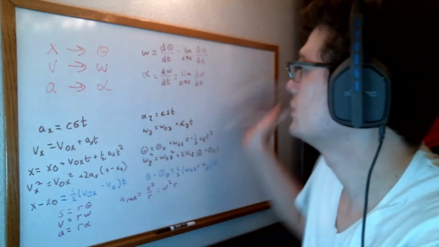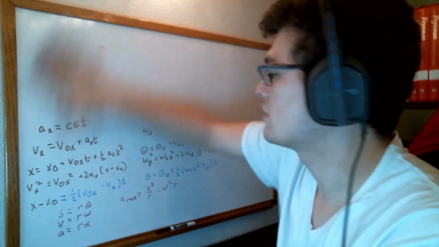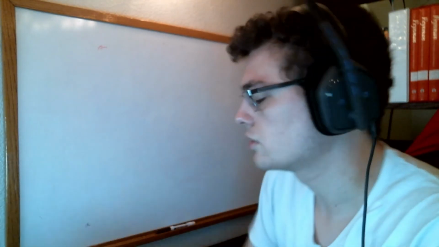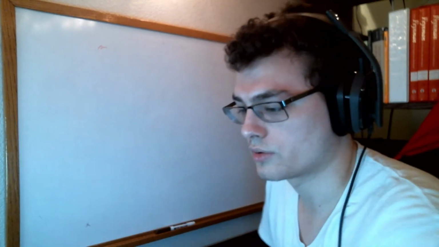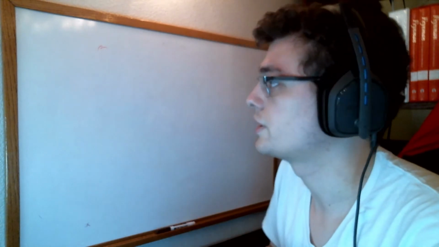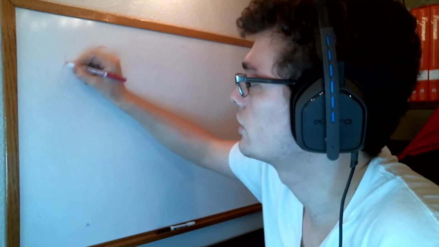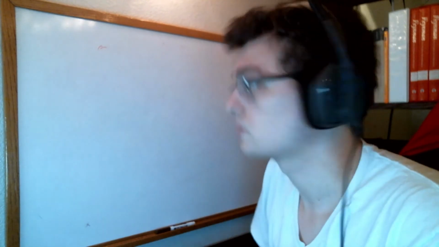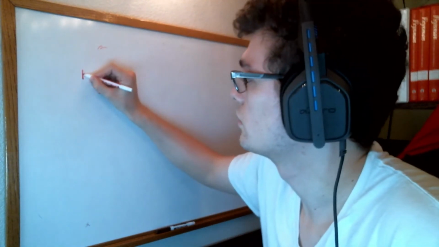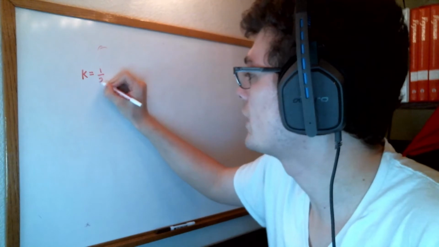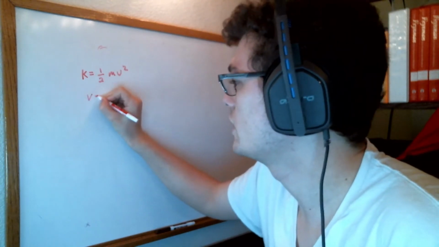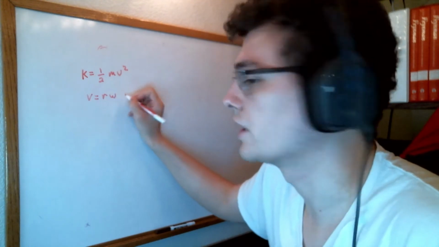So if we want to talk about kinetic energy inside of rotational motion, we have to take our equation for kinetic energy, where K was equal to 1/2 m v squared, and we know that v is going to be equal to R omega.